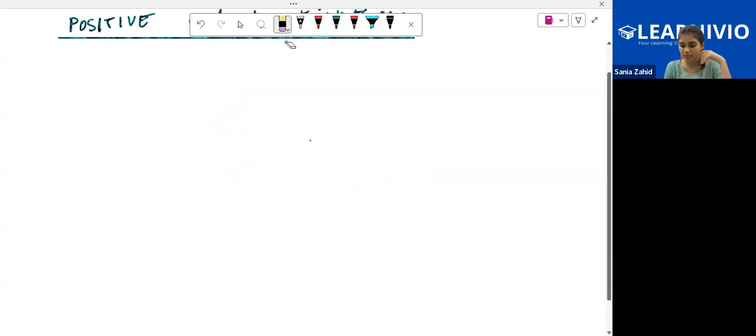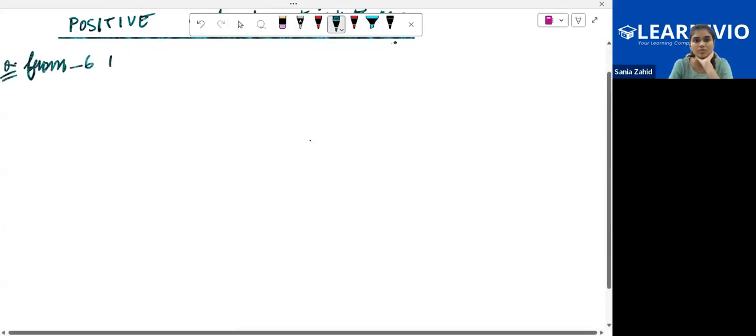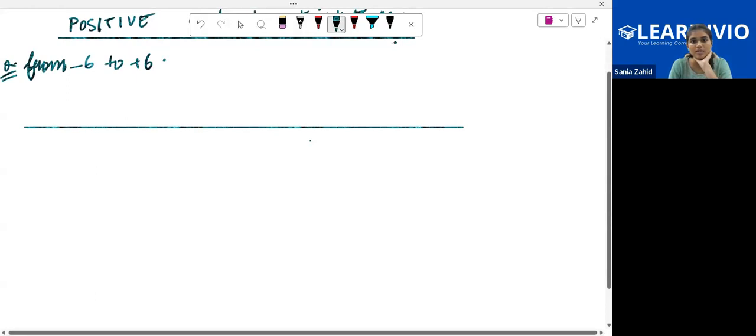That's very simple. The next thing is drawing a number line. If I tell you to draw a number line from -6 to +6, first you draw a straight line. You mark 0 in the center, then mark 6 digits to the right and 6 to the left.